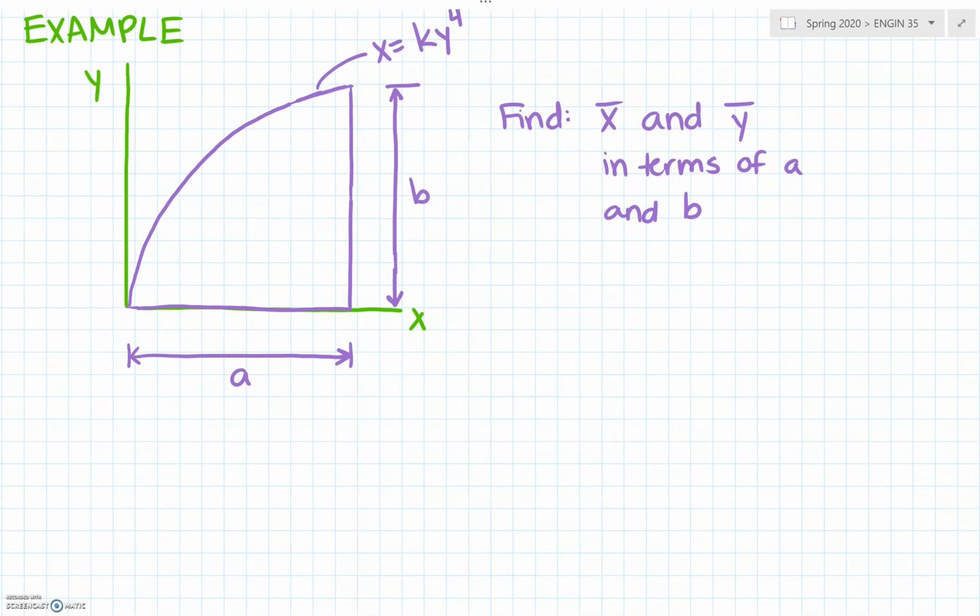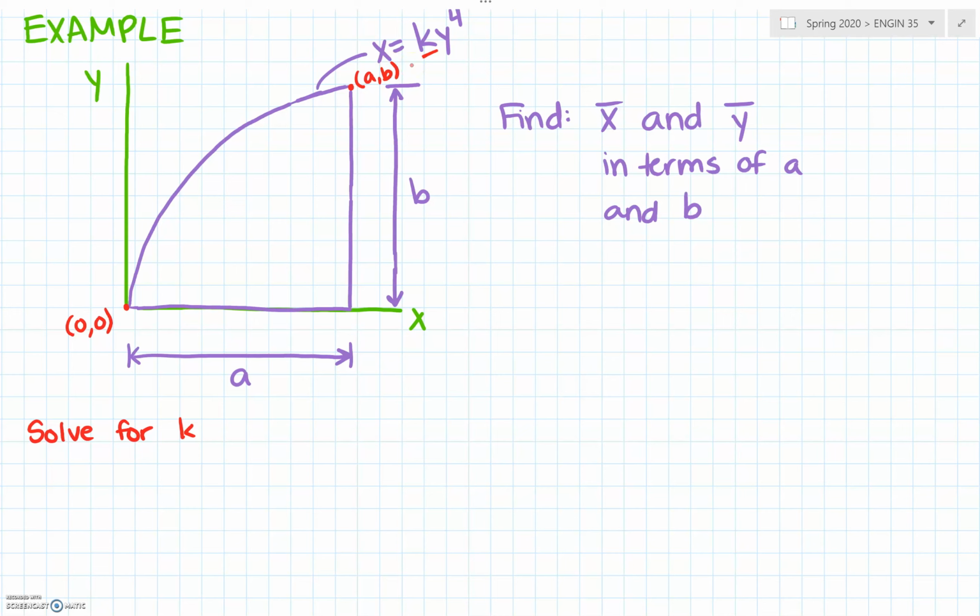Before we can start this problem, first we need to figure out what k is. k is some constant and we need to solve for k using what the problem has given us. We see that this curve goes through two points: the point (0, 0) and the point (a, b).